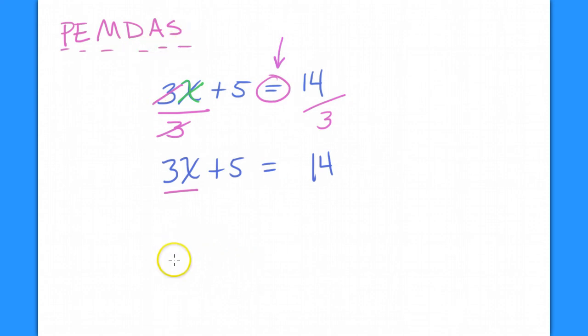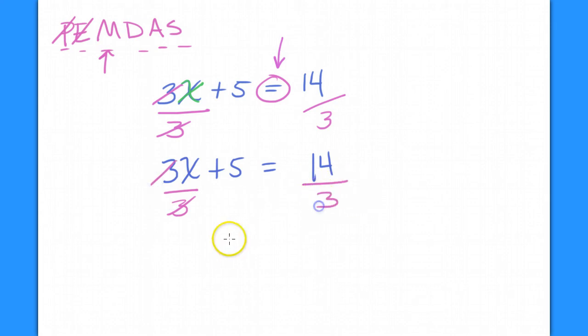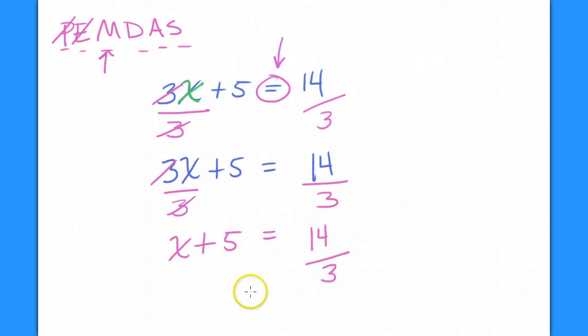Okay. So first thing we're going to do is we checked for parentheses, didn't have any, no exponents. We went right to multiplication right here, and we separated that element out, and we divided by 3. That left us with x plus 5, and we're going to write that out. X positive 5 is equal to 14 over 3, or 14 divided by 3.